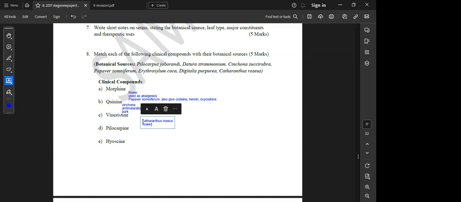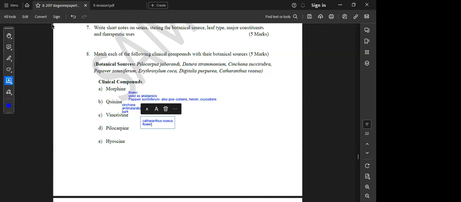I'm finding that vincristine is being extracted from the leaves. Which leaves or flowers? It's those pink flowers, if I'm not wrong. Yeah, the pink periwinkle. Yeah, so those are the flowers.